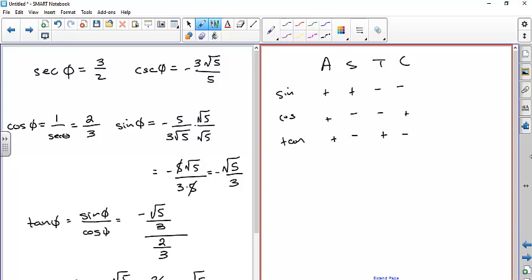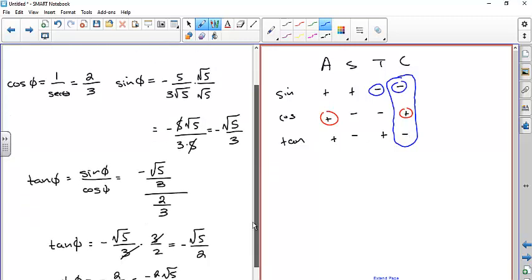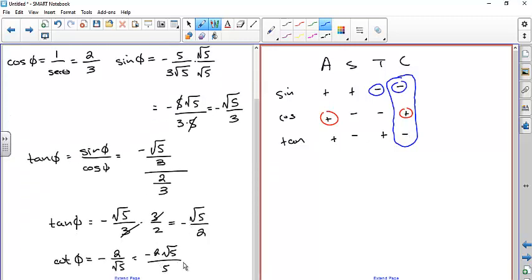So if we look at the first piece of information here, the cosine is positive, so that's going to be here and here. The sine is negative, so that means it's here and here. So that means it has to be in the fourth quadrant, which means the tangent also has to be negative, which we didn't have to make any decisions about.